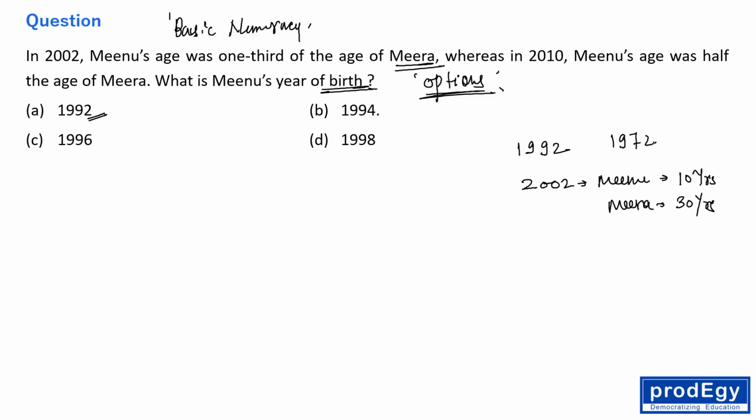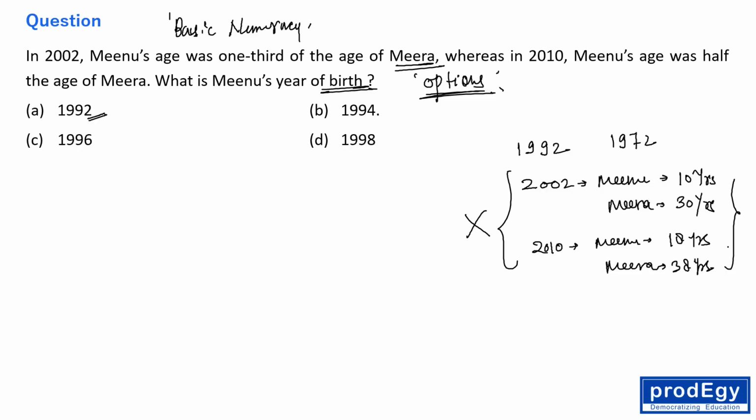In 2010, Minu is 18 years and Mira is 38. So it is not fulfilling the condition, because 38 is not twice of 18. 38 is twice of 19 actually. So this answer is not correct.